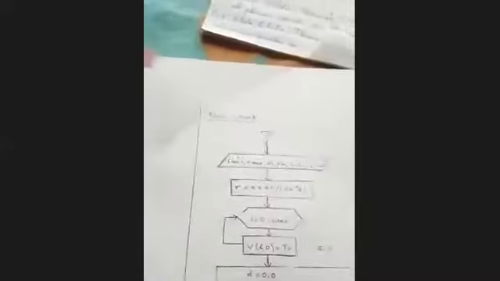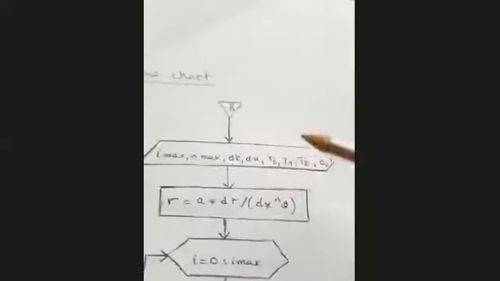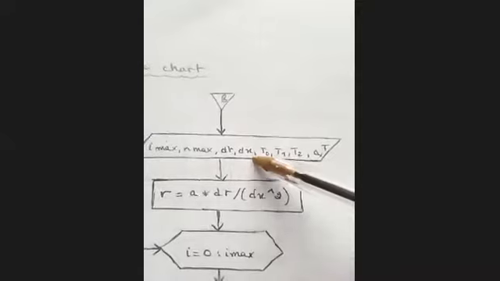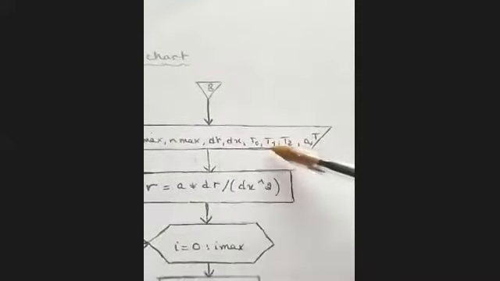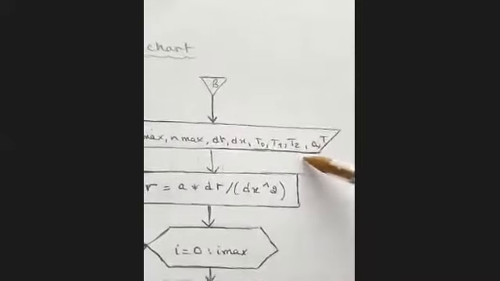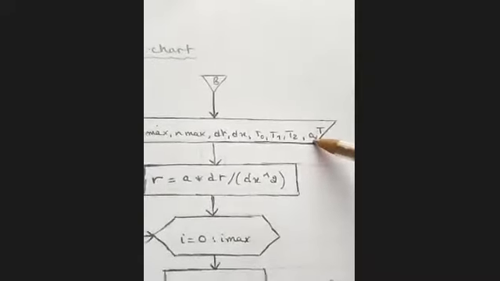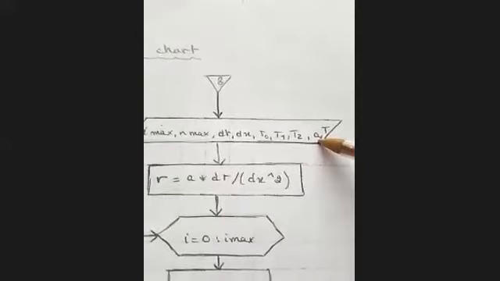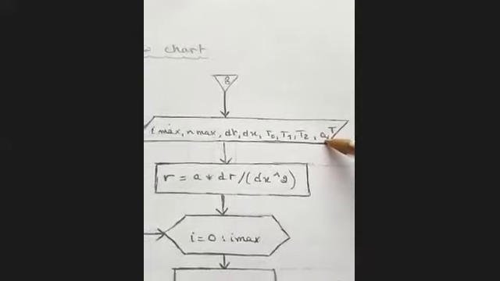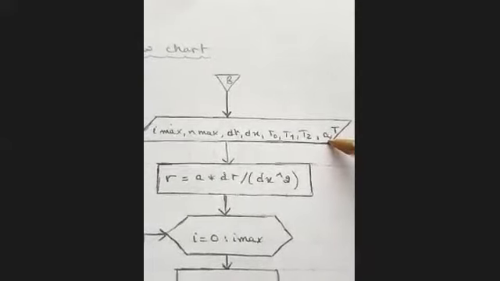This is unidirectional, only one dimension along x. We define t0, t1, and t2, and we calculate a. We define a as equal to 0.25 meter square per second.